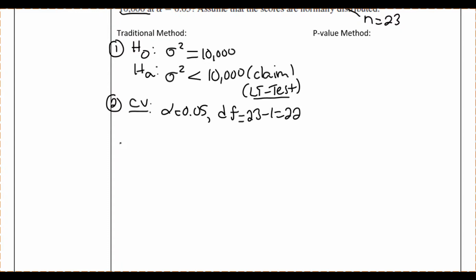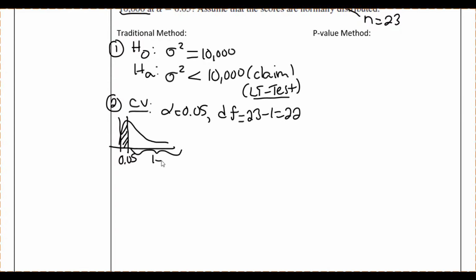Again, if we quickly draw the chi-square distribution, just to help us with our critical value, since we're doing a left-tailed test, that means the area to the left is 0.05, which means we need to find the area to the right, because the table gives us the area to the right.